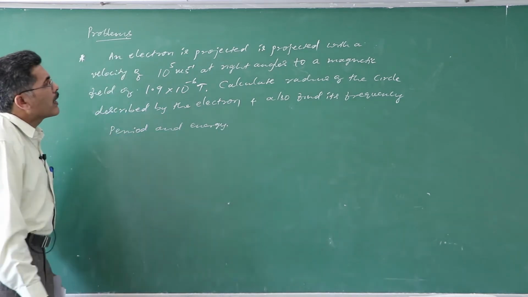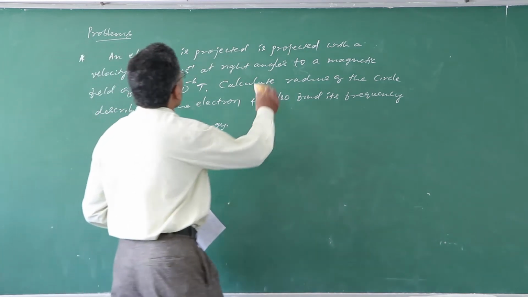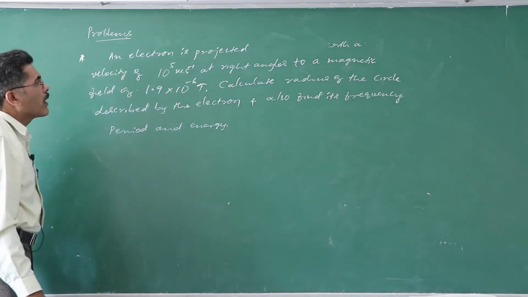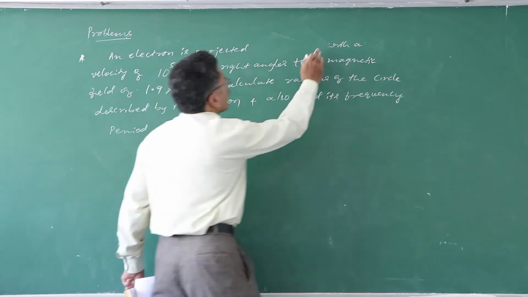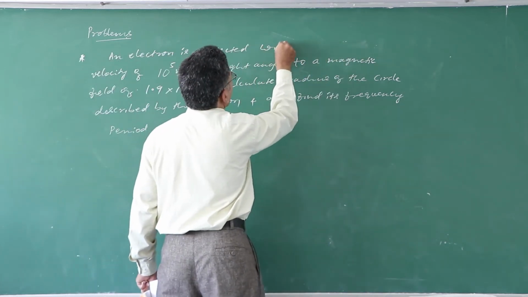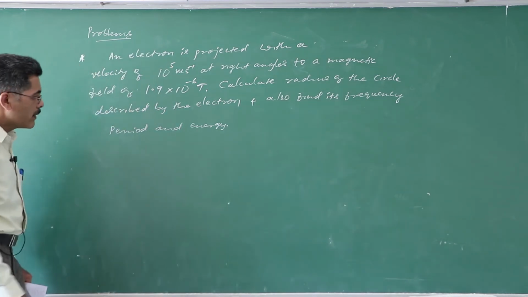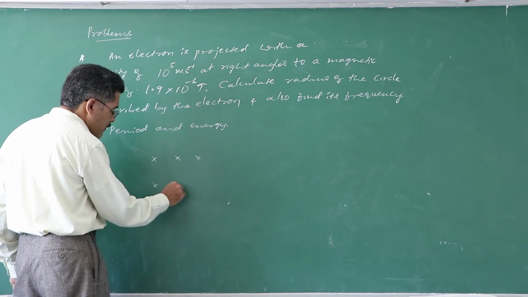See, when an electron is projected with a velocity of 10 raised to 5 meter per second at right angles to a magnetic field. See, this is the magnetic field, acting like this.